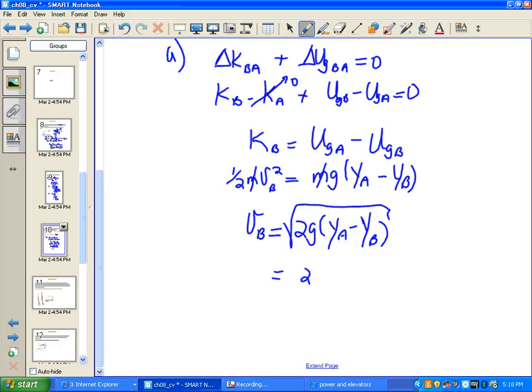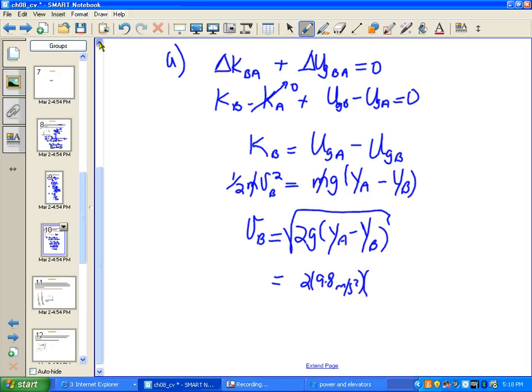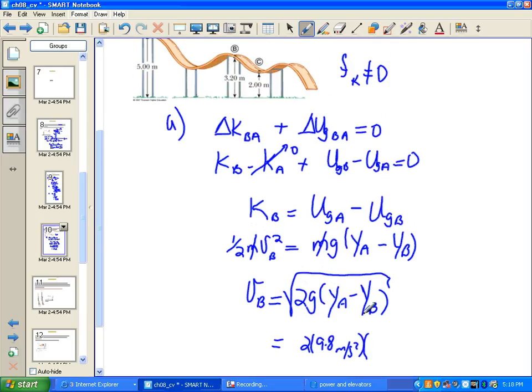All right, so 2 times 9.8 meters per second squared times 5 minus, I forget exactly what the value of the point B was. Let's have a look. 3.2. Okay, so 5 minus 3.2 should give us 1.8 meters.